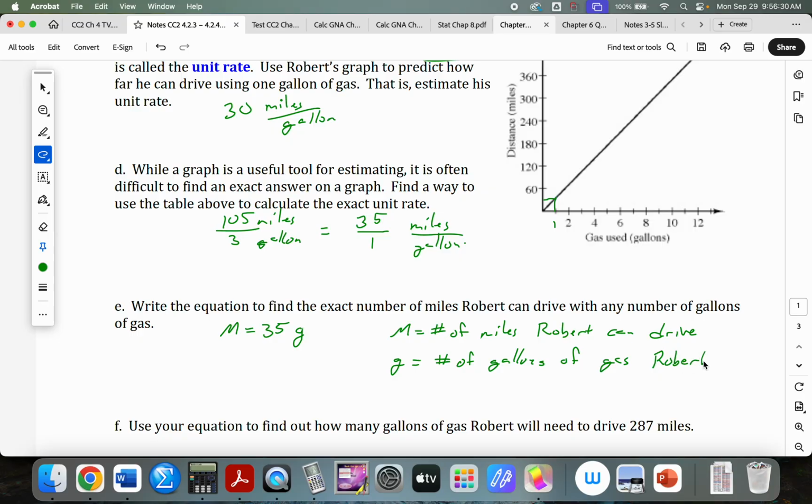By the way, if you do it in X and Y, you still need to define your variables. You can't just write an equation and assume people know which variable is which.